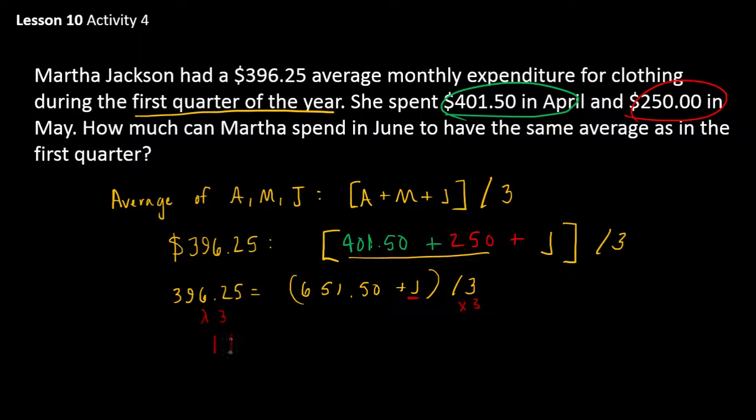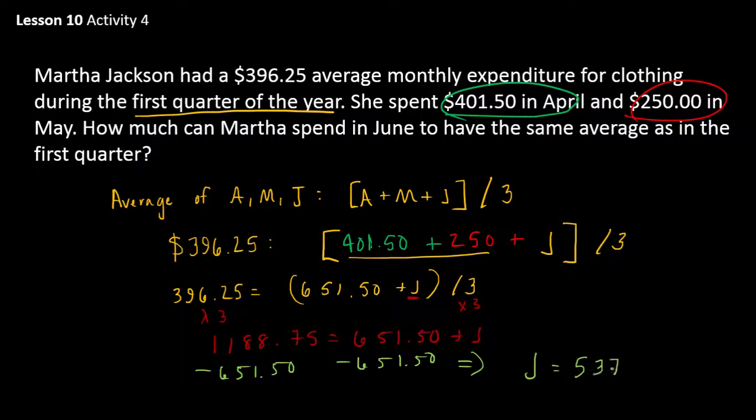I get 1,188.75 equals $651.50 plus J. Now I subtract $651.50 from both sides of my equation, and I get J equals $537.25. So she can spend $537.25 exactly to keep the exact same budget, or less than that to keep the average lower.